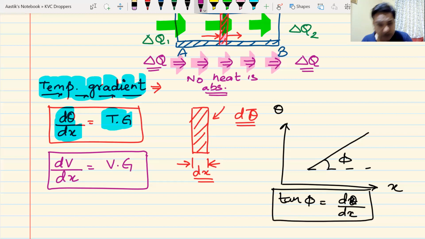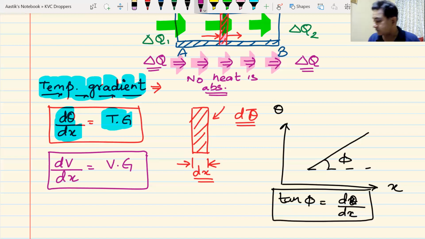Same thing. Or you might have heard about potential gradient in electric current: change in potential divided by the distance. You might have heard this term in meter bridge or potentiometer. If instead of V, I call it potential or potential difference, dV by dx becomes your potential gradient. Doesn't change anything. The concept remains same.